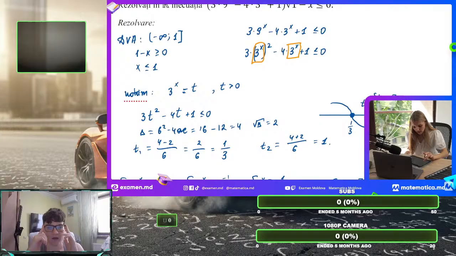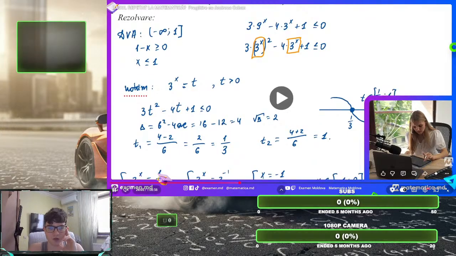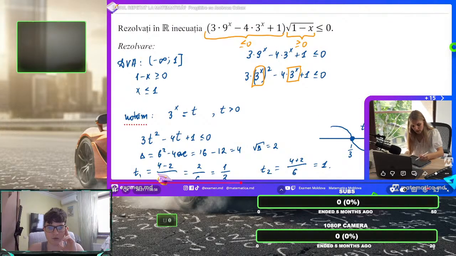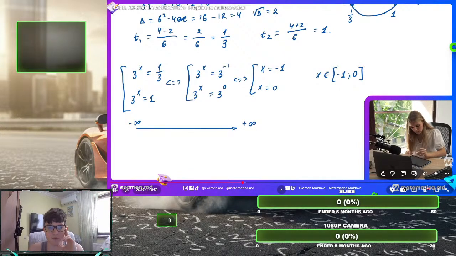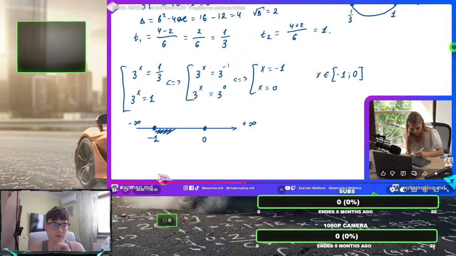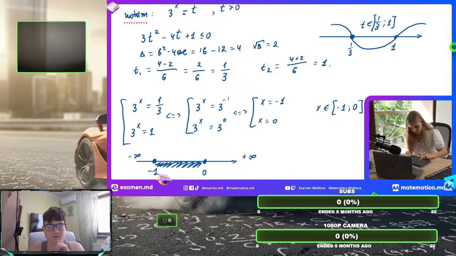Okay, so the domain has to be x smaller or equal to 1, and we have this fulfilled, right? Another graph, with minus 1 and 0, those are the x values.